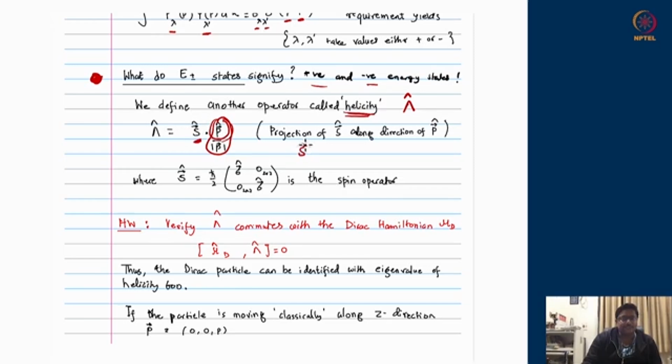S is some matrix valued vector. That means its X component is some matrix, its Y component is some matrix, and its Z component is also some matrix.